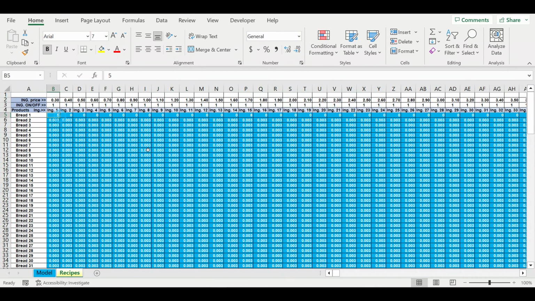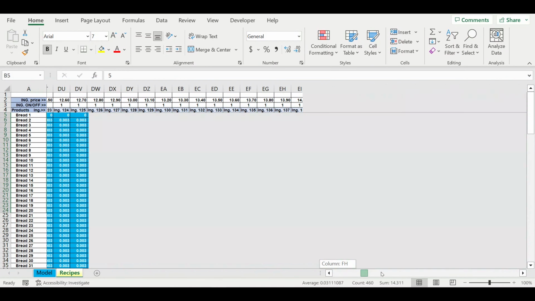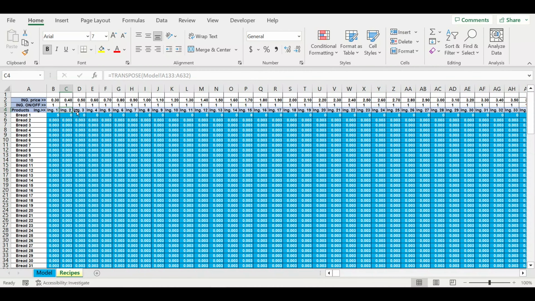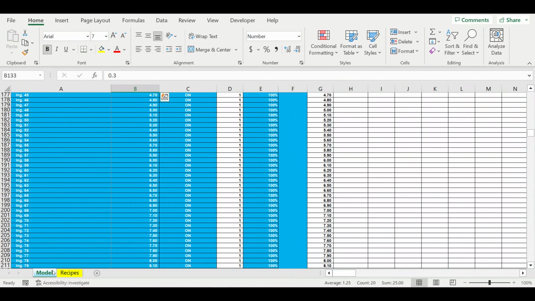And here in this area we're specifying the consumption of this or that ingredient in cooking 1 unit of this or that bread, cake, and so on. So for example, for bread type number 1, we need 5 units of ingredient number 1, and we need 8 units of ingredient number 15 to cook one bread type 1. Then let's get back.